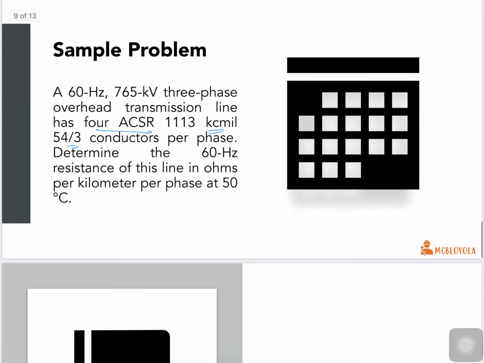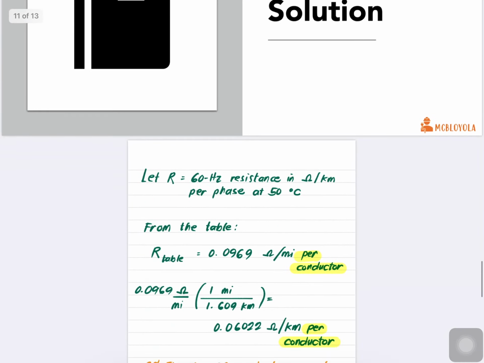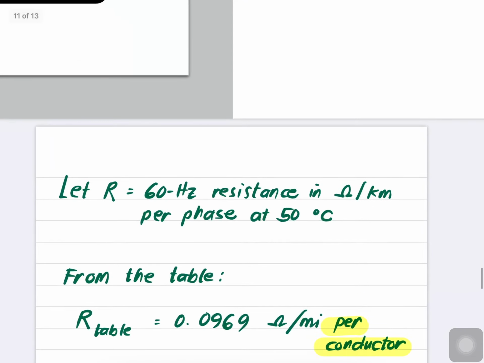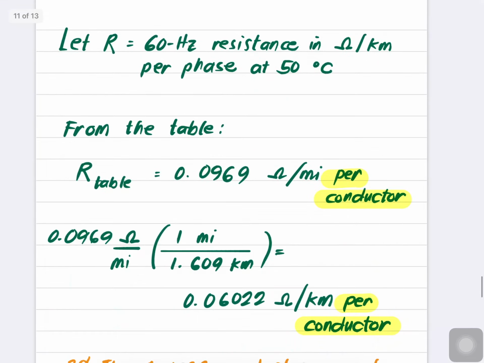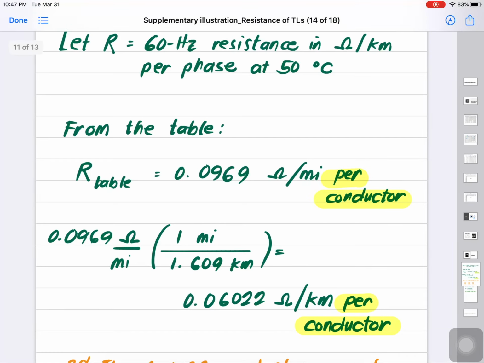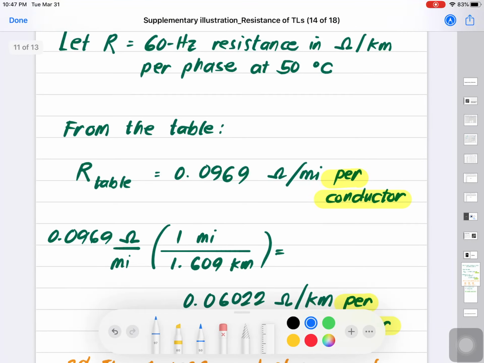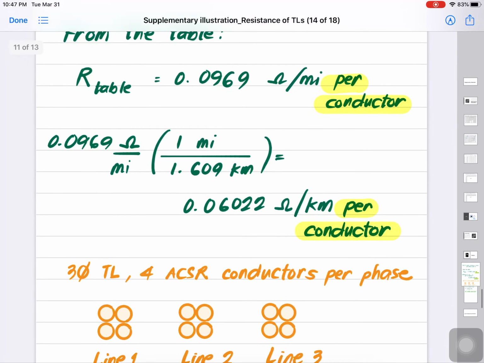Here's the solution. Okay? So, let R be the 60 Hertz resistance in ohm per kilometer per phase at 50 degrees Celsius. Okay? So, from the table, we got 0.0969 ohm per mile per conductor. It says from the table, it's ohm per mile per conductor. Alright.